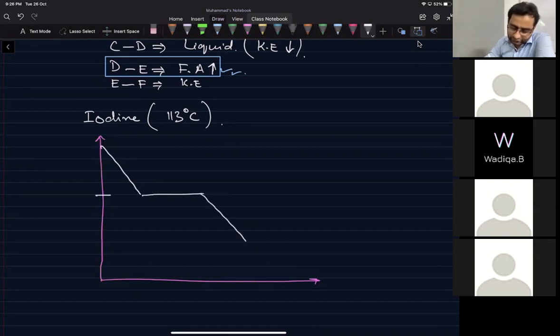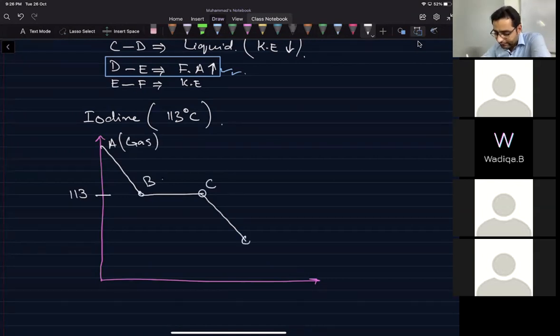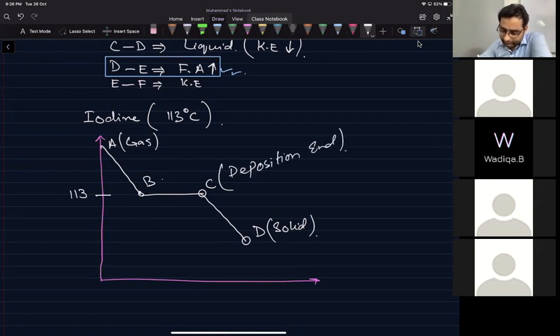The very first time temperature is constant, it indicates sublimation point, and at point A there is gas, and at point B sublimation starts, point C sublimation ends or deposition ends, and at point D there is a solid. At point C sublimation or deposition or desublimation ends, and at point B deposition or desublimation starts, and at point A there is a gas.